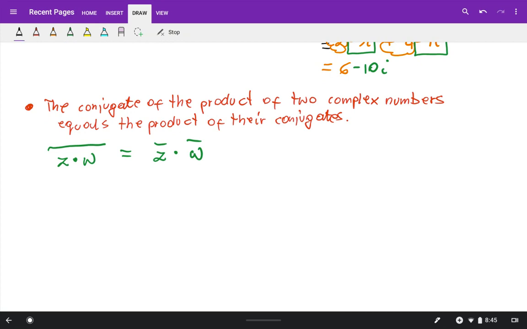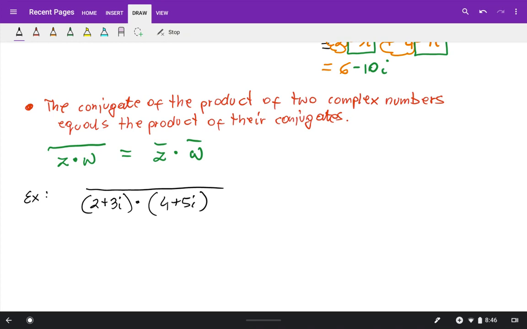So let me give you an example. Again, we have in parentheses 2 plus 3i, this is one complex number, times 4 plus 5i. You need to find the conjugate of the product.